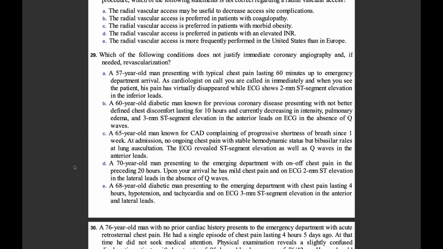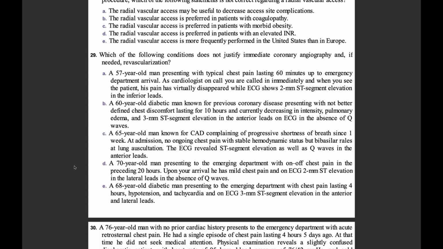Then option E, a 68-year-old diabetic man presenting to the emergency department with chest pain lasting 4 hours, with hypotension, tachycardia, and ECG showing 3 mm ST segment elevation in the anterior and lateral leads. For this man, it is very clear.